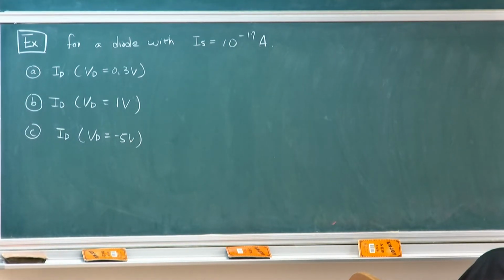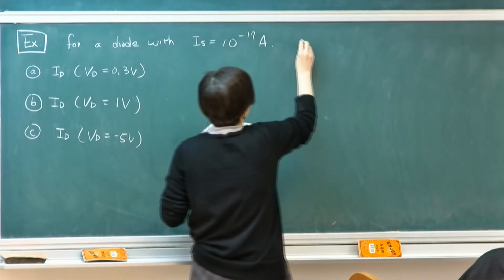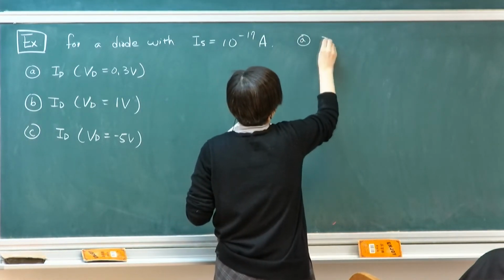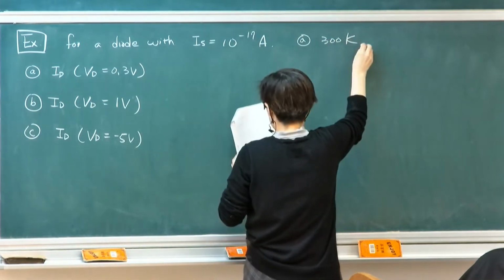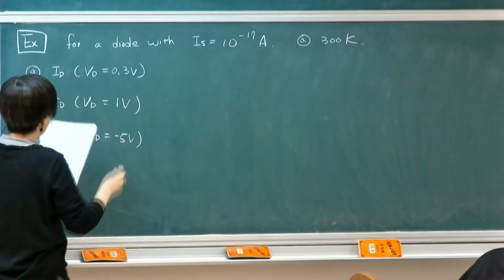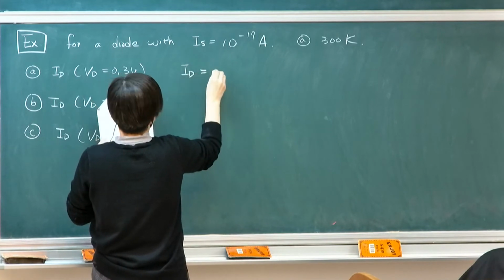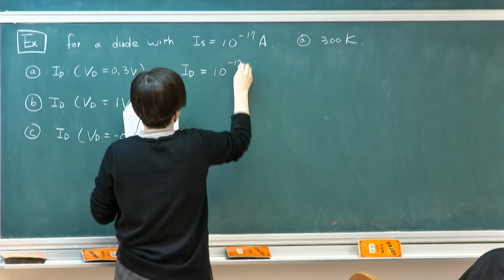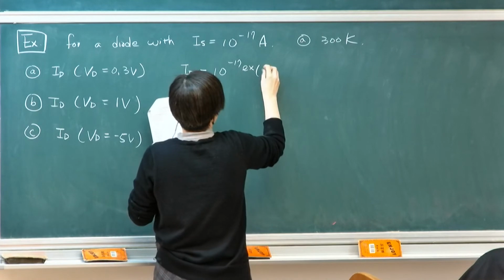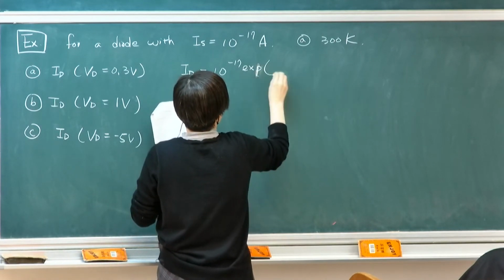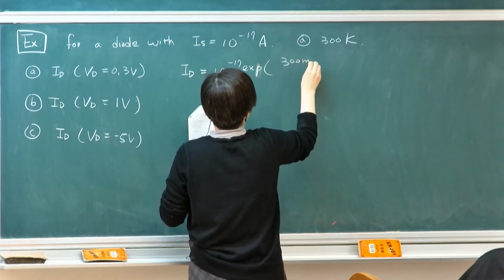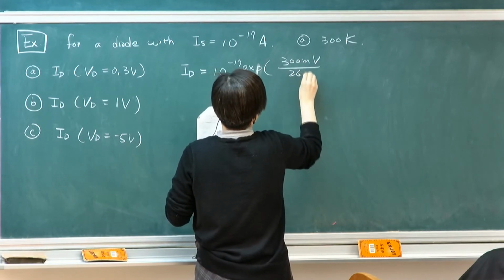So this is fairly simple. What you do is just plug it into this equation. We already know that this is at room temperature, so just to emphasize, this is at 300 K. So for problem 8, your ID will simply be 10 to the minus 17 times exponential of 300 millivolts over 26 millivolts.